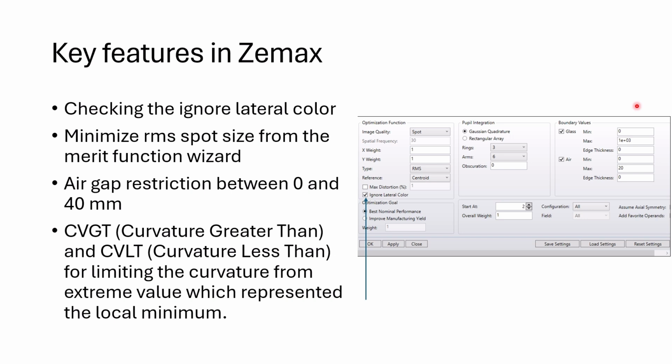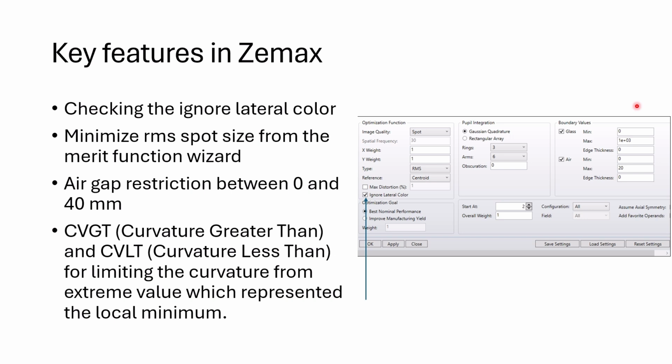So if the ignore lateral color box is unchecked, it causes extreme changes to usually, for this project, the last lens element in an attempt to refocus all of those distinct wavelengths to the same spot, really negating any other form of optimizing. In a standard system where you are focusing to a single spot size or a standard imaging system, not a spectrometer, leaving this unchecked, having the lateral color corrected for, could be very useful.